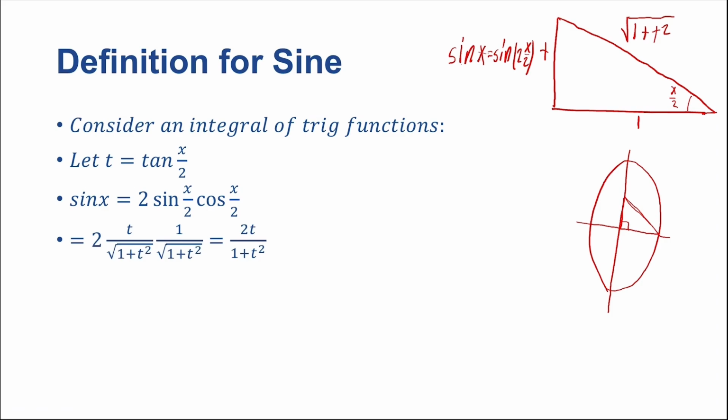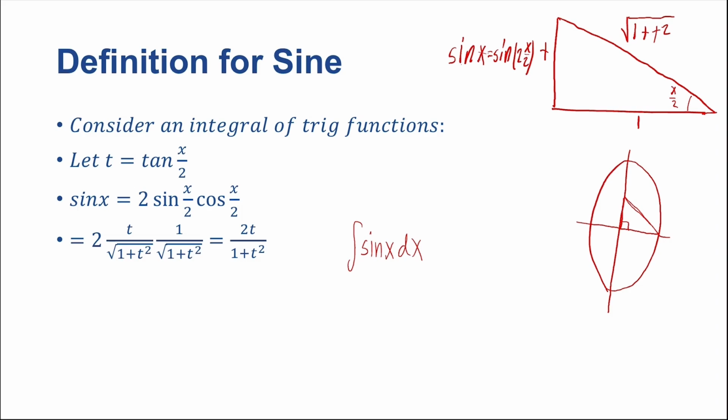This gives us 2 times t over square root of 1 plus t squared times 1 over square root of 1 plus t squared, which is equal to 2t over 1 plus t squared. So that is our substitution for sine. If we see an integral with sine of x somewhere in it, then we can make the substitution sine of x equals 2t over 1 plus t squared.